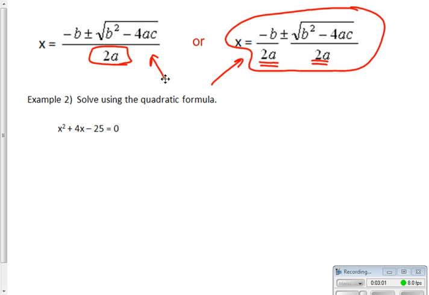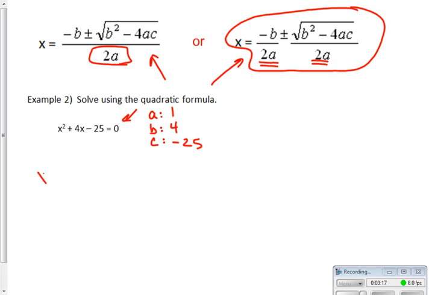Example 2, notice that your equation is already equal to 0. So I should be able to pull out my a, b, and c terms. A is 1, b is 4, c is negative 25. Next step is go ahead and substitute into your equation.